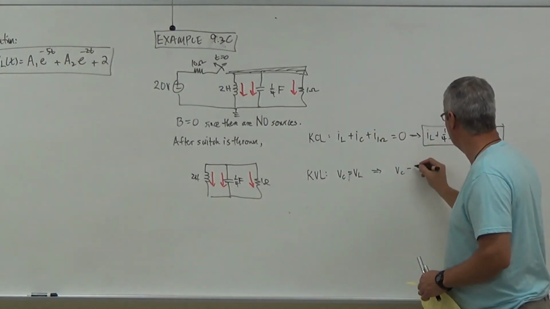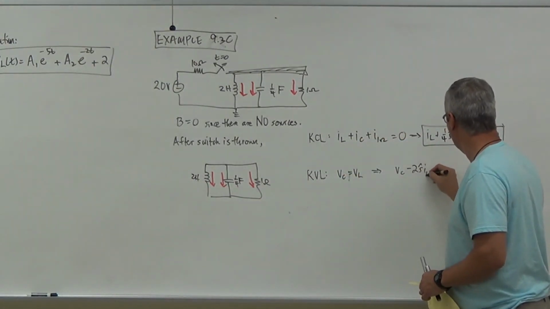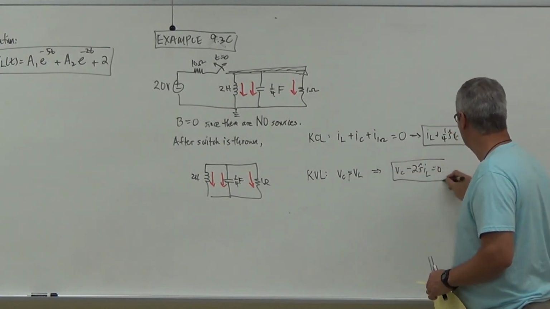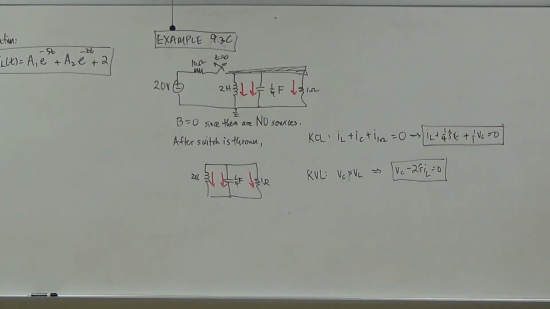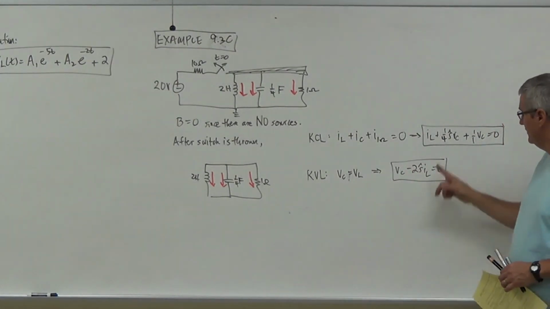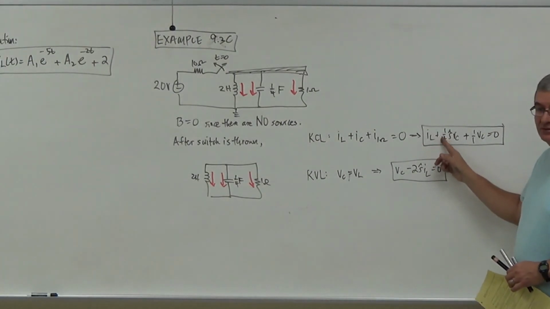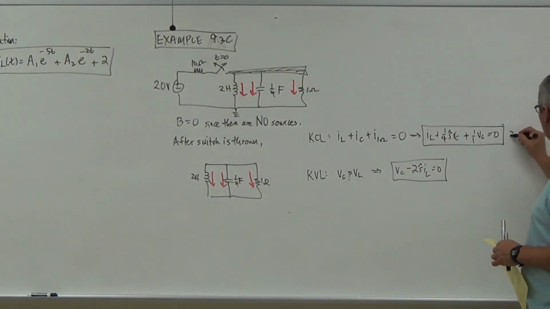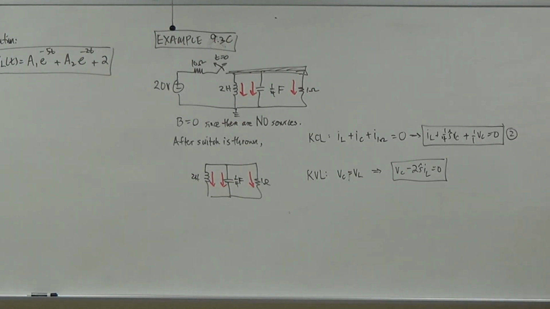So it's got to be minus 2 S hat IL equals 0. So since I'm solving for the capacitor, what is the derivative term of the capacitor? That guy right there. This is the one that's going to help us in the next step. So let's go do this.